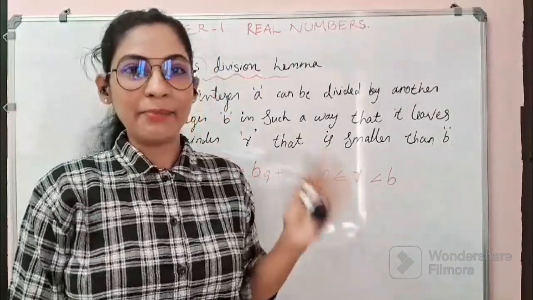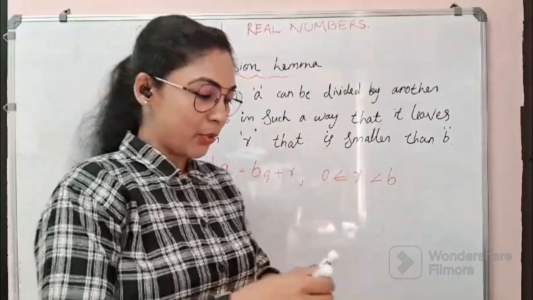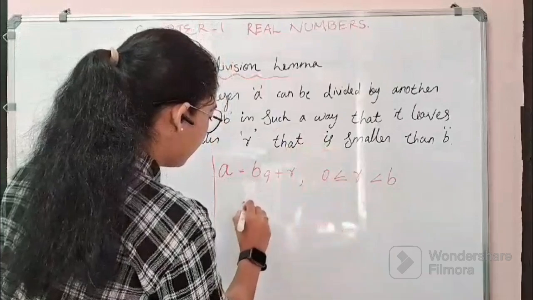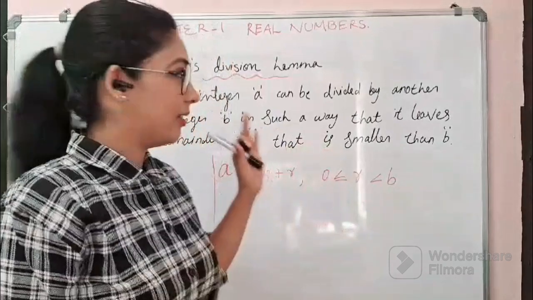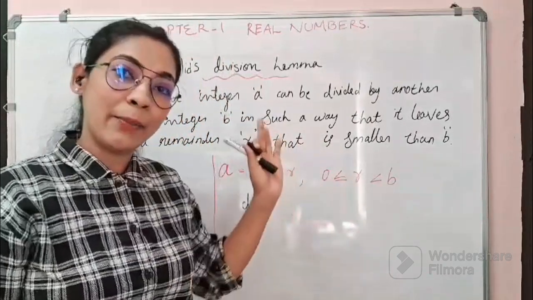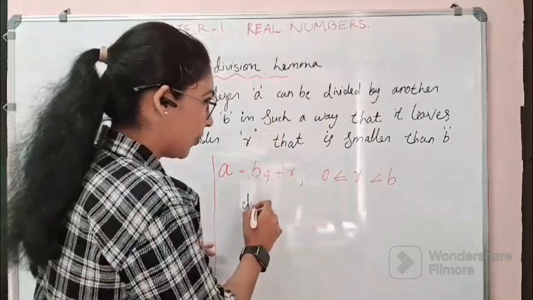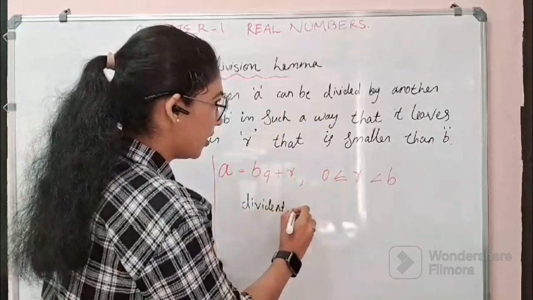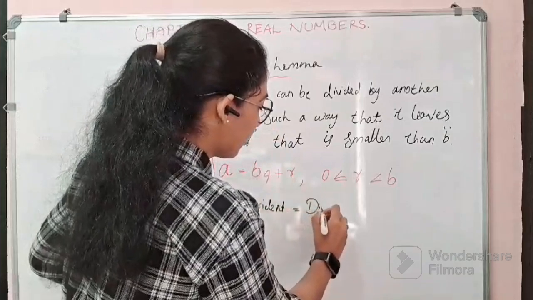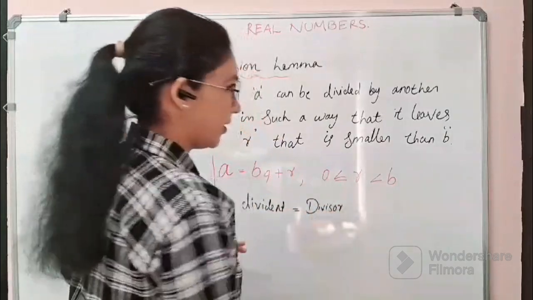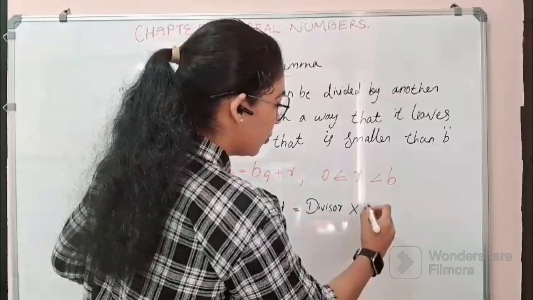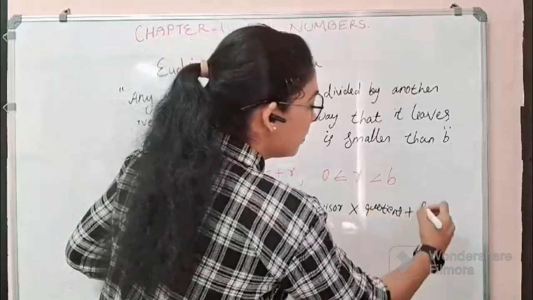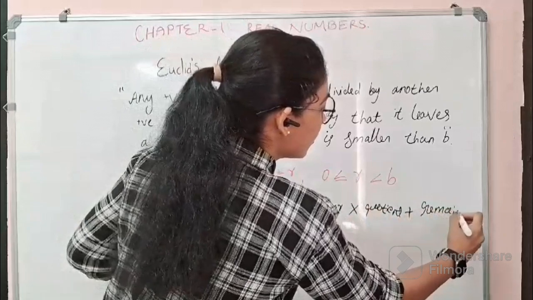Actually this is a simple division. Let me show you. We already studied this theorem in the previous classes. This is simple division, that is dividend equals divisor into quotient plus remainder.